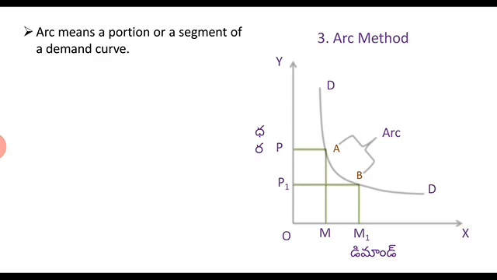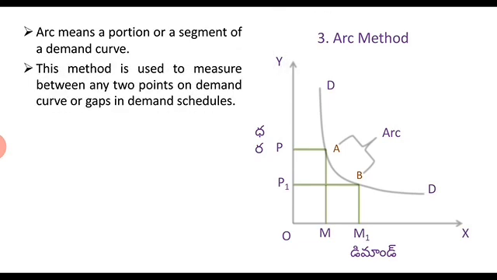In this diagram, DD is the demand curve, AB segment is the arc. This method is used to measure elasticity between any 2 points on a demand curve or in demand schedules.